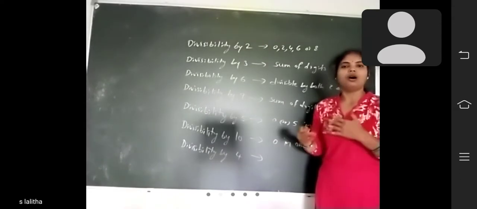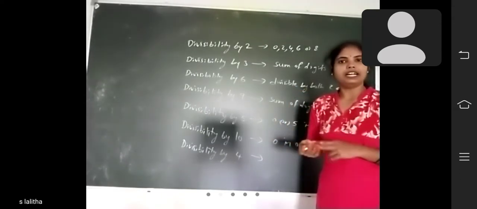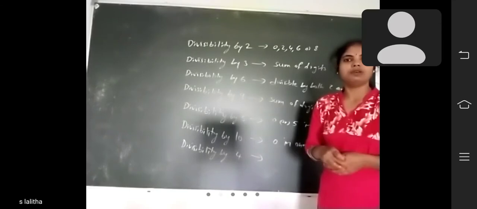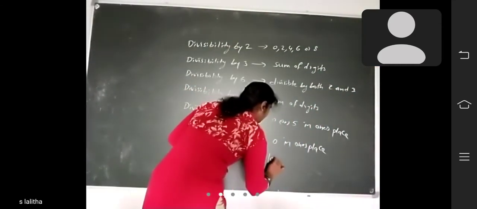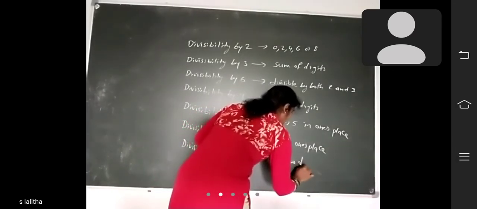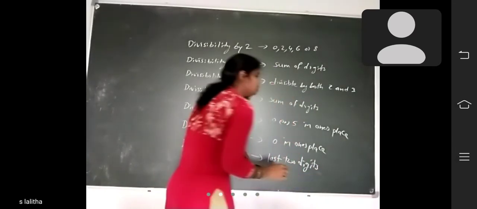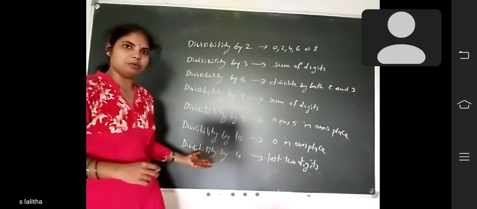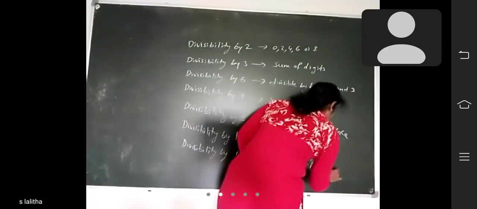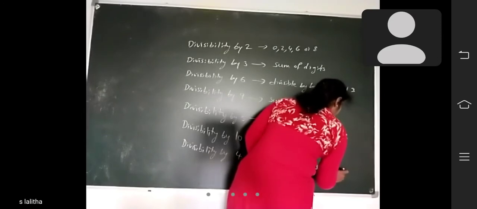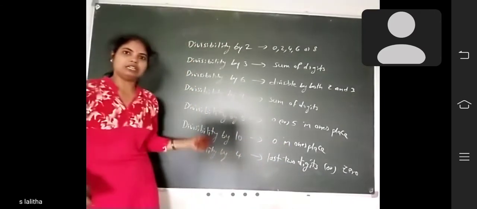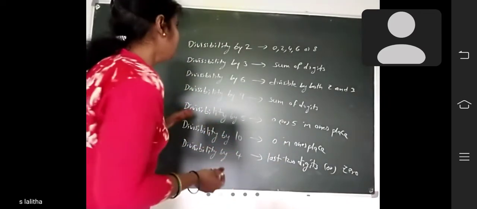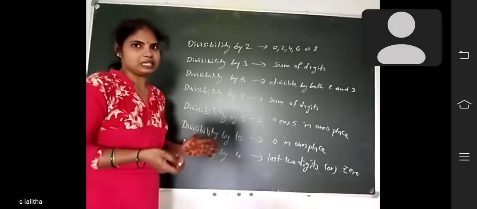Or if the last 2 digits are zeros, it is also divisible by 4. Those are the rules we learned in the previous classes.